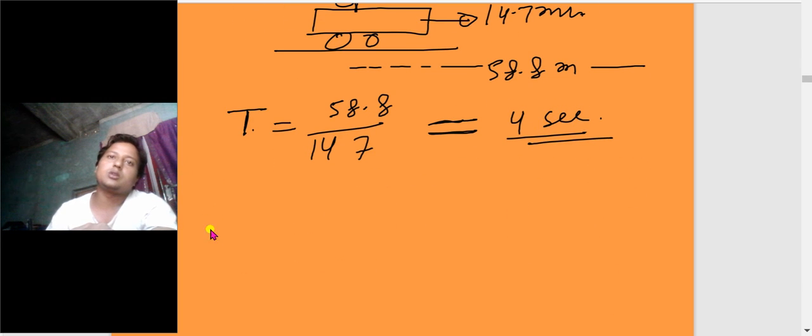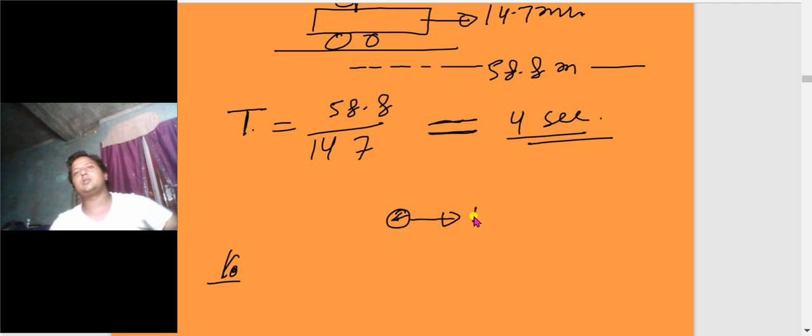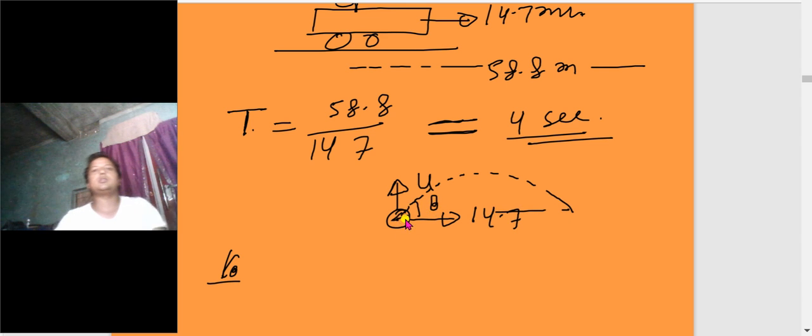With respect to the ground, the ball has two components of speed, 14.7 and u. So the ball will go like this. If this angle is theta, we have to calculate u and theta.